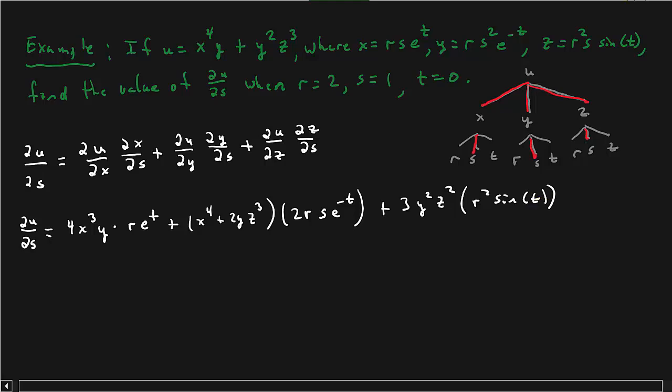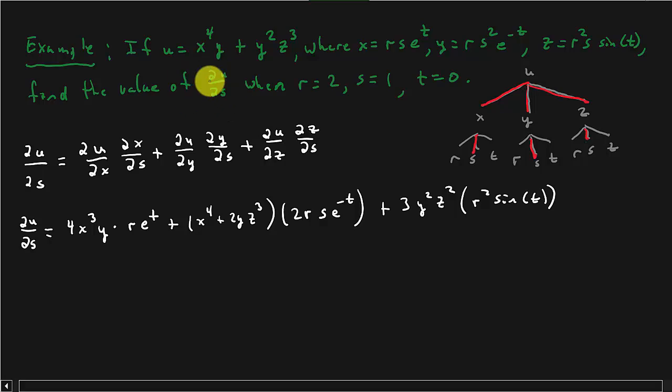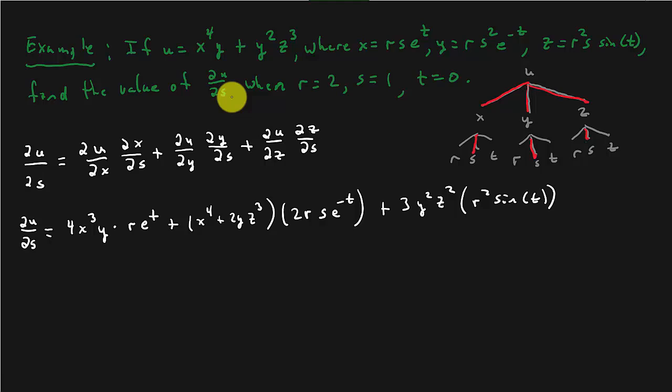All right, so what did they want us to do? We want to find the partial of u with respect to s when r is equal to 2, s is equal to 1, and t is equal to 0.